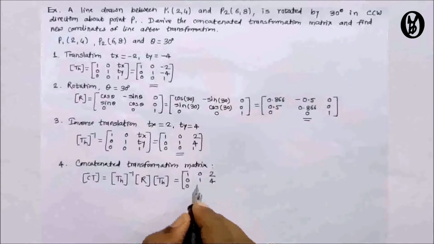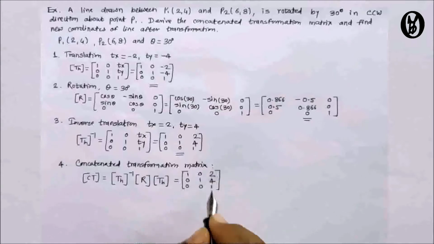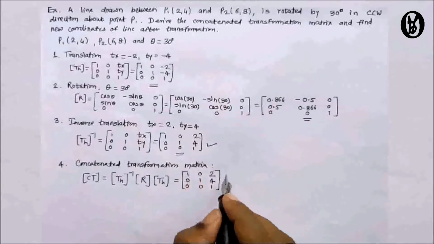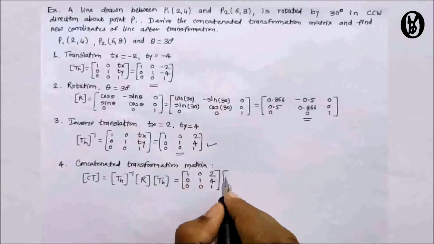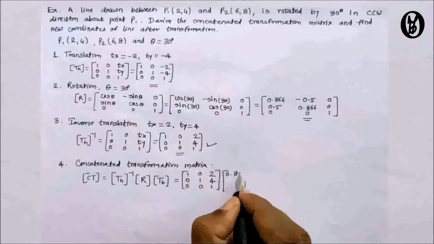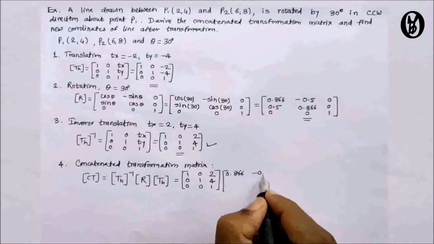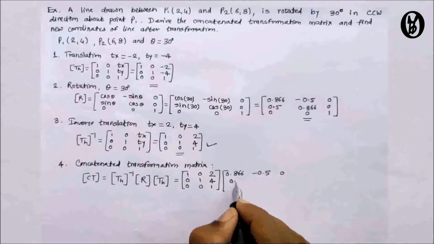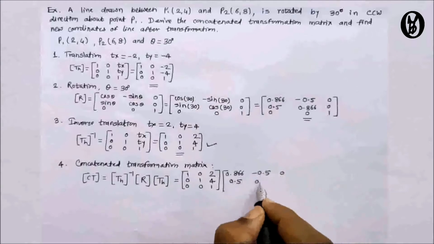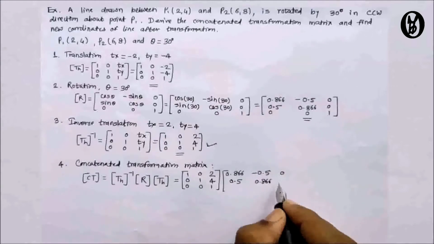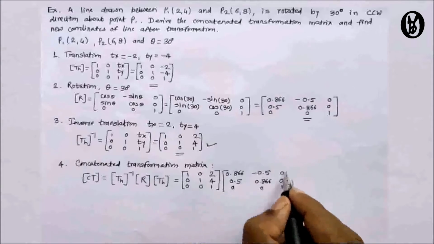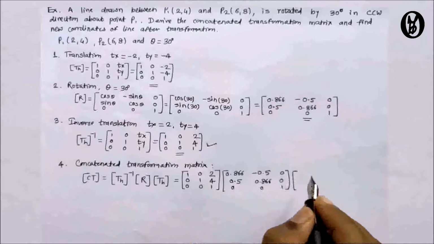So this is the inverse translation matrix, multiplied by the rotation matrix, and multiplied by the translation matrix.